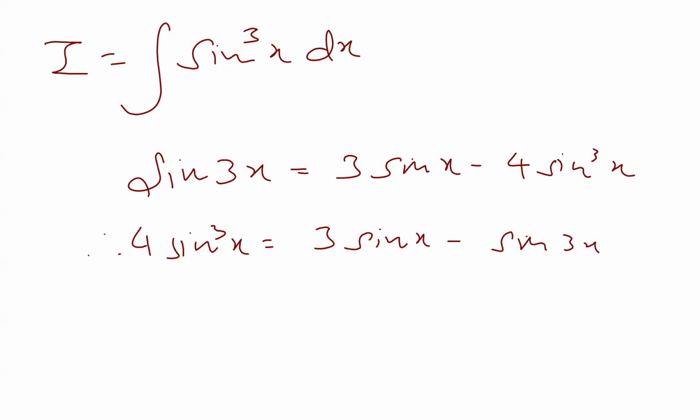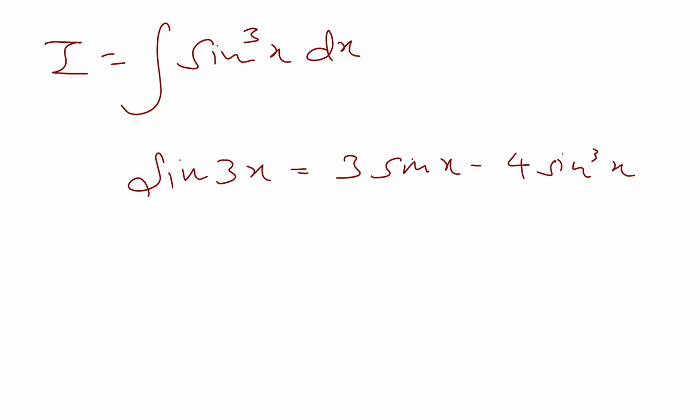Okay, so whenever it is sine cube x and cos cube x, we should use the sine 3x formula. Did you understand? Do you know this sine 3x formula? Yes or no?